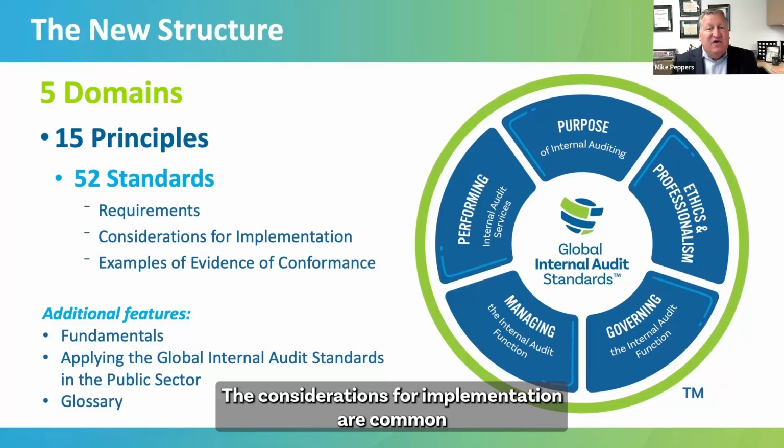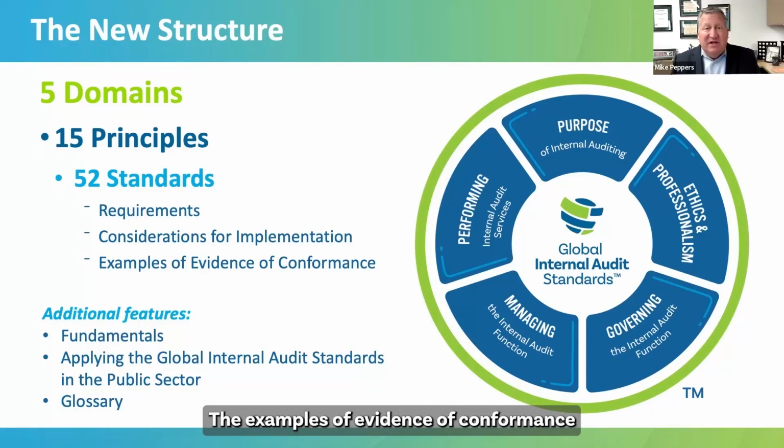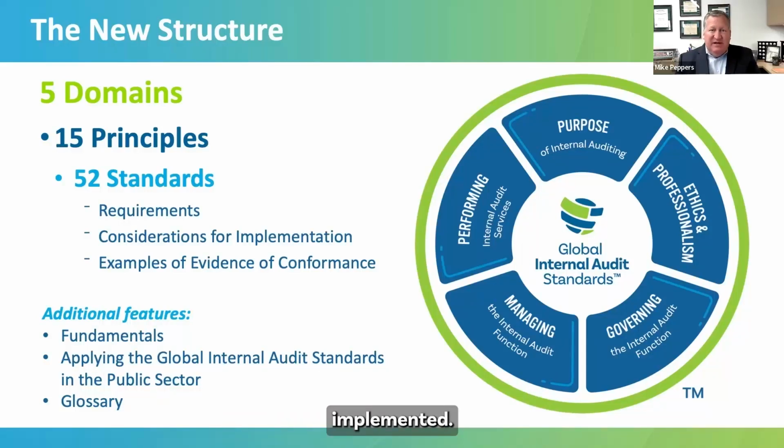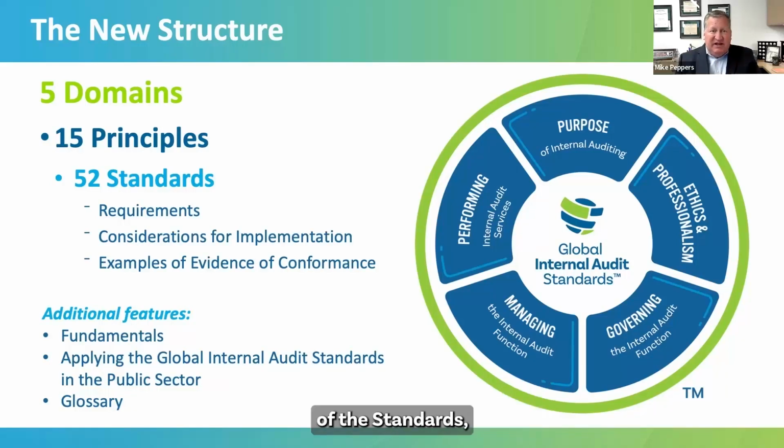The considerations for implementation are common and preferred practices to consider when implementing the standards. The examples of evidence of conformance show ways to demonstrate that the required elements have been implemented. We'll talk more in a moment about the 3 additional features of the standards, 2 of which are new in this version.